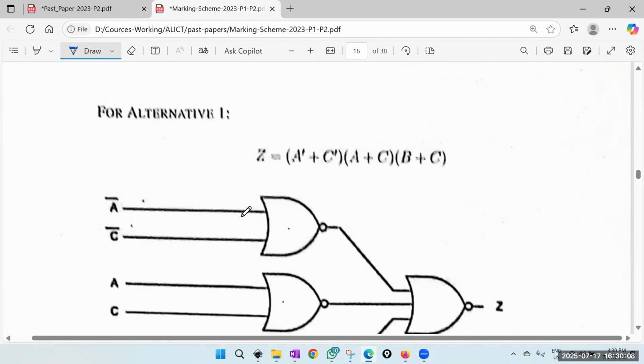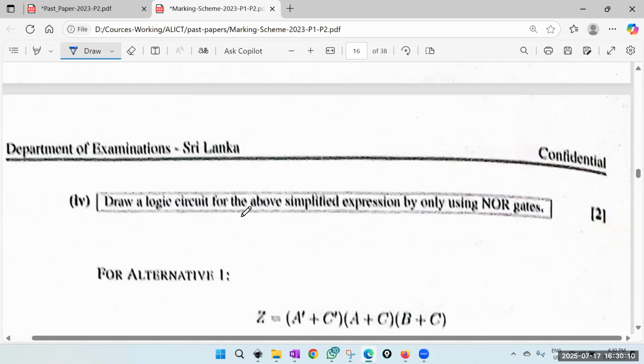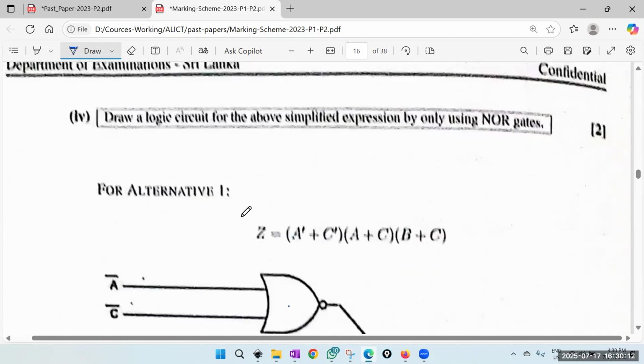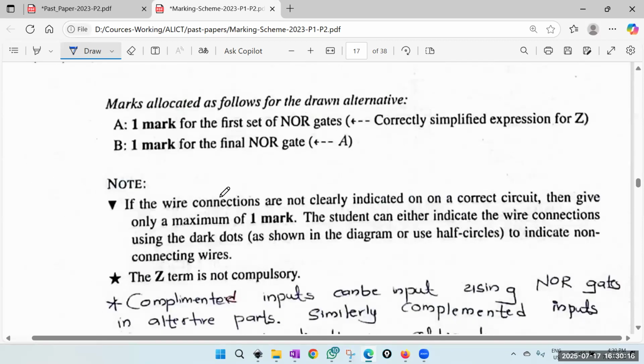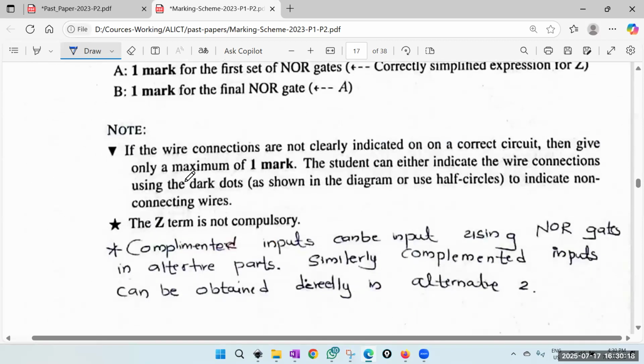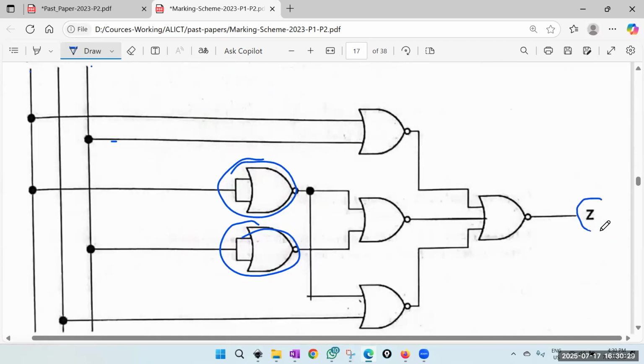Okay. Right. If the wire connections are not clearly indicated, blah, blah, blah. Okay, that is correct. ESET term is not compulsory. That means if ESET is missing, still the examiner has given marks, but I put up ESET.